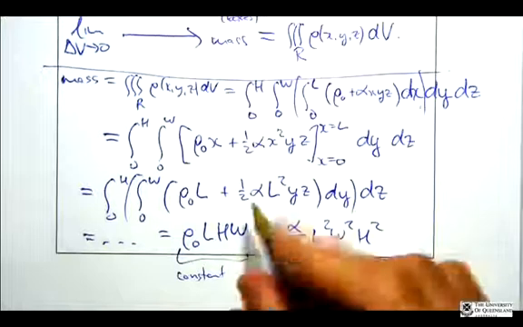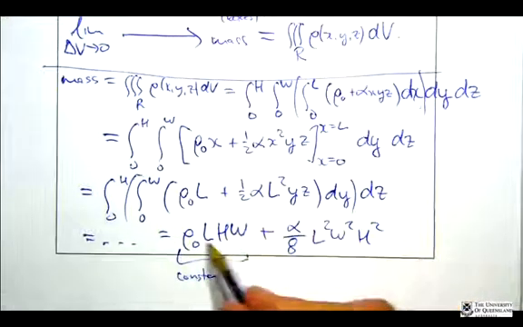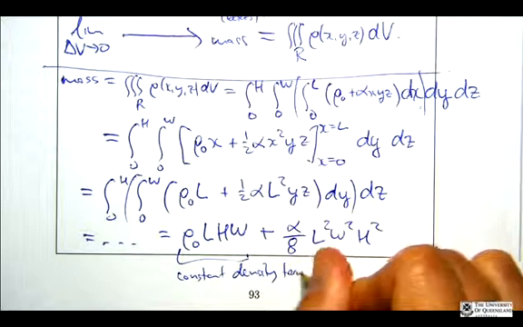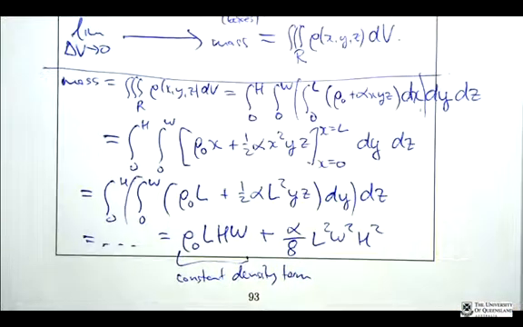So this leading term, the rho naught LHW, is just the constant density term that we'd expect. In that case, the mass would be the constant density times the volume. In this case, we're just calculating the mass of that rectangular block.